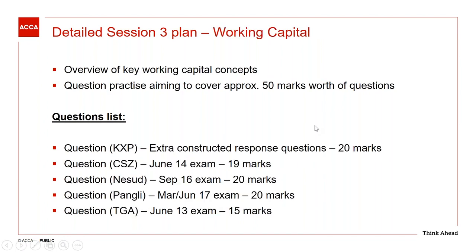And then we did working capital, a very good day on working capital where we looked at receivables, inventory, a bit of cash, a bit of ratios, working capital in general. And then there are a few questions there which you could have done as part of your homework. So some really good questions I have chosen for you to prepare for your March 19 exam.